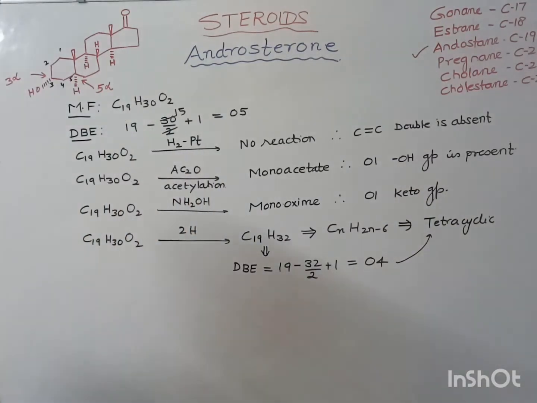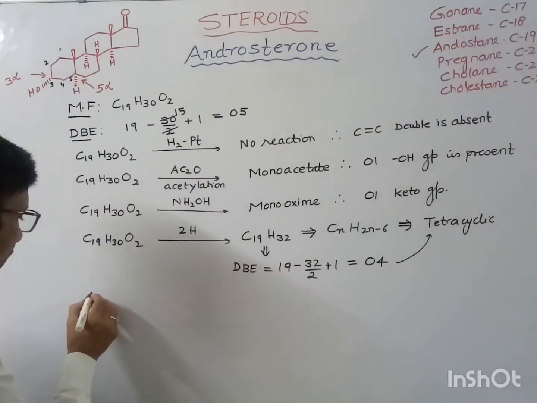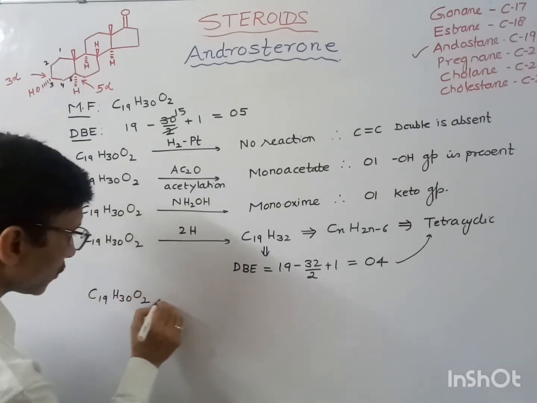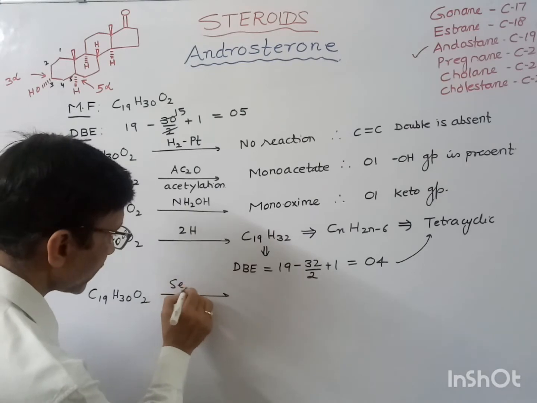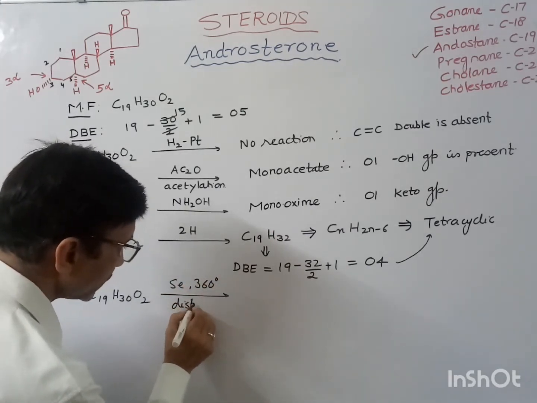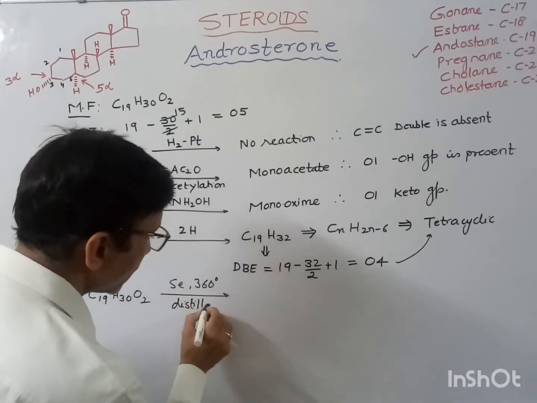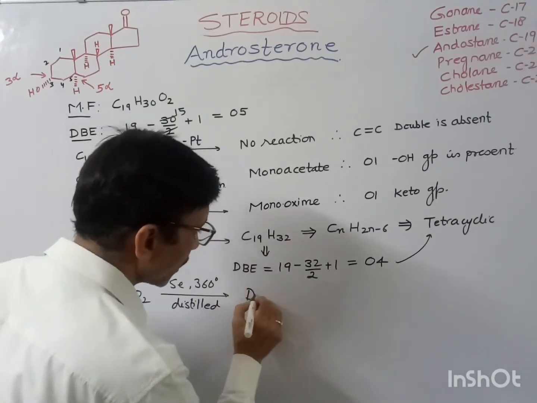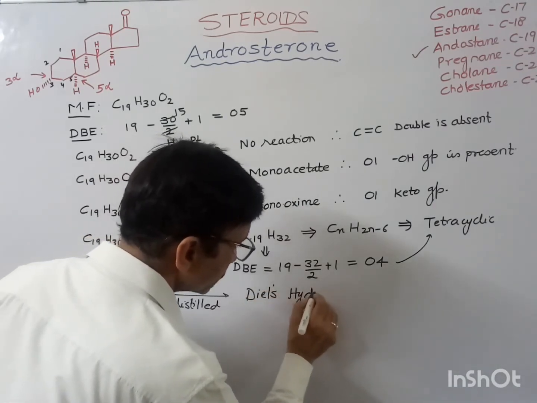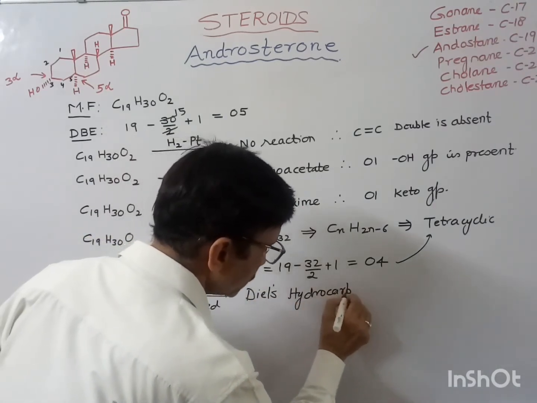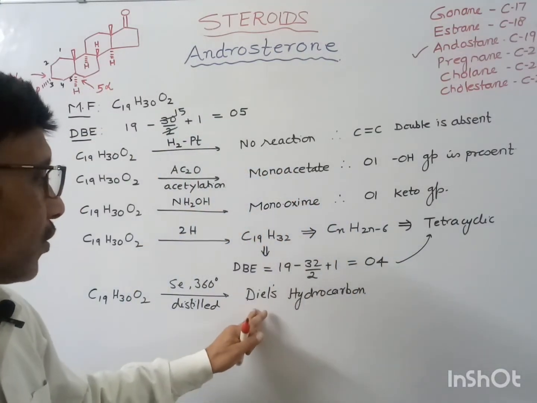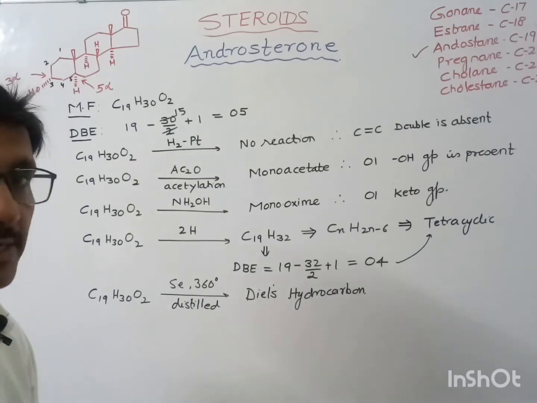Now next, when androsterone, C19H30O2, was treated with selenium at 360 degrees Celsius, or was distilled in the presence of selenium at 360 degrees Celsius, then we get a Diels hydrocarbon. So the formation of this Diels hydrocarbon, what does it indicate?